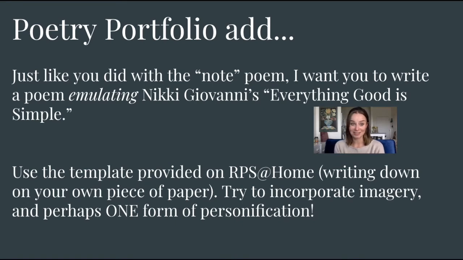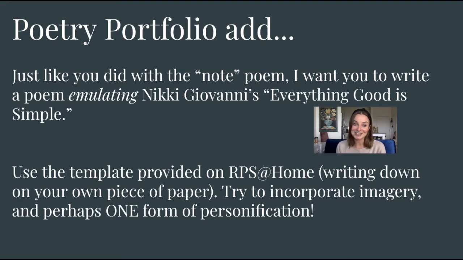For homework, that poem I read earlier in this video, Everything Good Is Simple, I would like you to write a poem emulating or imitating that poem. I provided a template in RPS at home. You're not going to be able to type right into it, but you're going to want to write on a piece of paper while looking at the screen to give you a format of what type of poem you want to make.